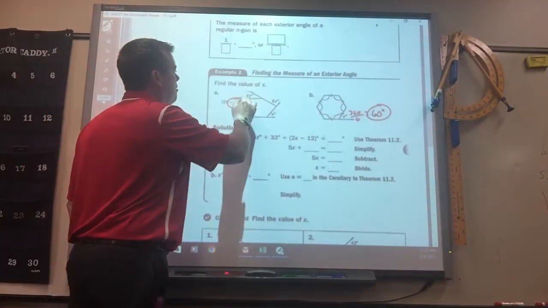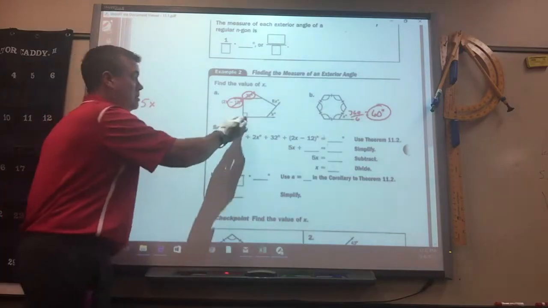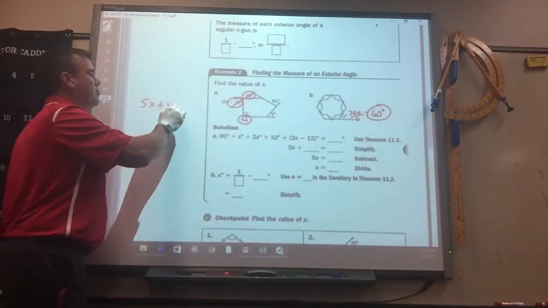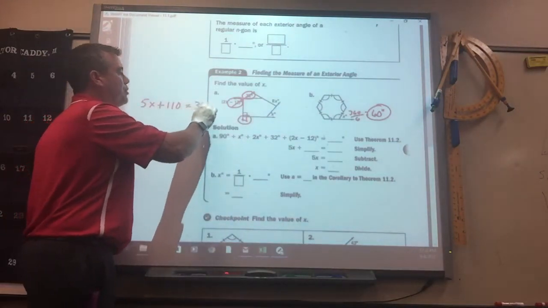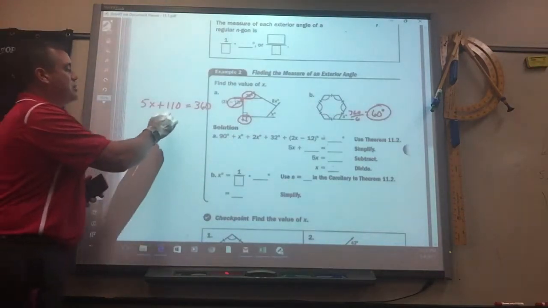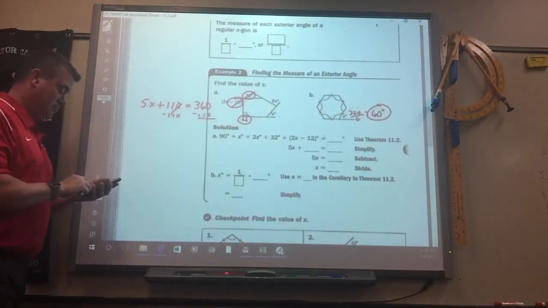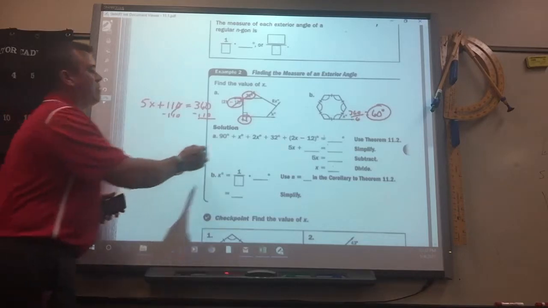Negative 12 and 32 is 20. Plus 90 is 110. That has to equal 360, because the exterior angles always add up to 360. So we subtract 110 and divide by 5. 50.